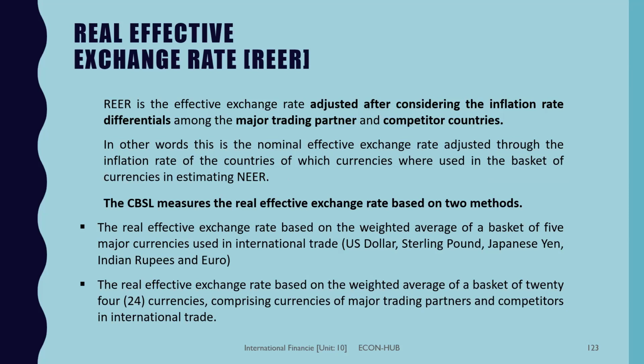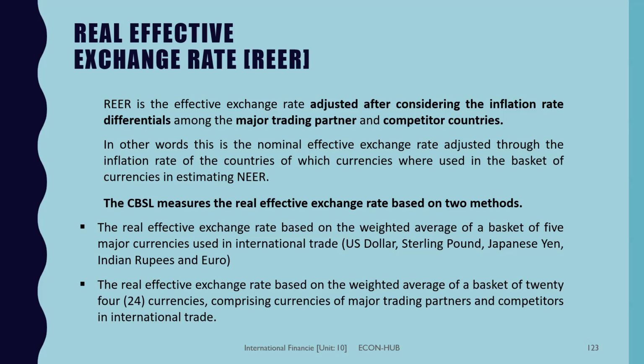So it says the real effective exchange rate is the effective exchange rate adjusted after considering the inflation rate differentials among the major trading partner and competitor countries. The trading partner and competitor countries are the countries we take in those baskets of 5 and 24 currencies.